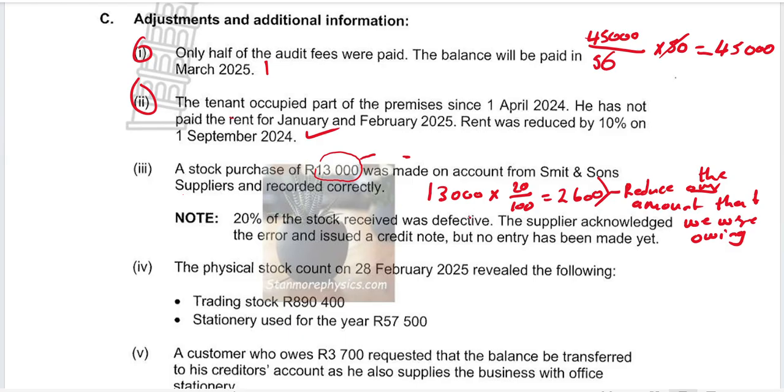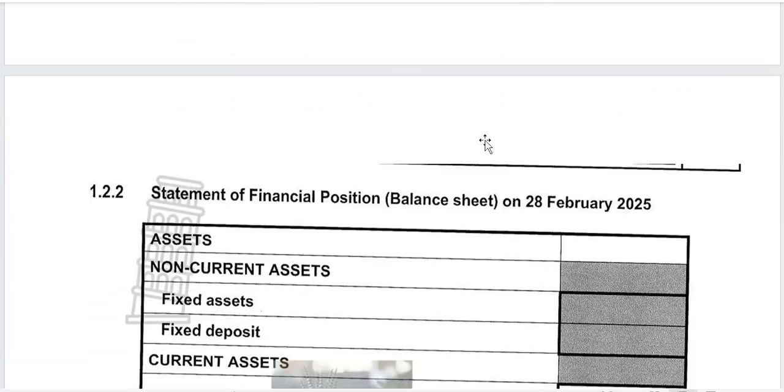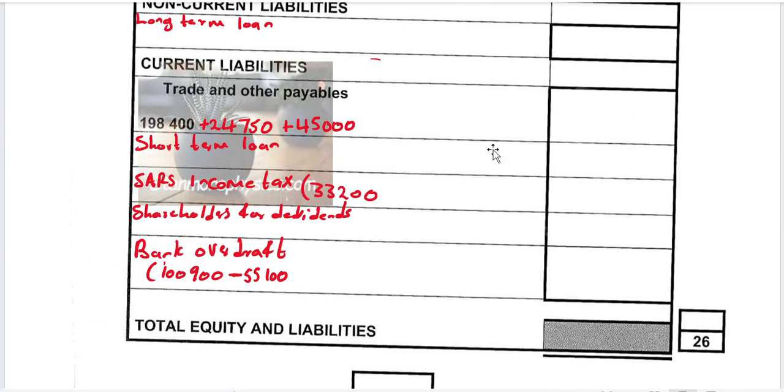This 13,000 will be reduced by 2,600, because 2,600 of the stock that he gave us was not good. That's why we are not able to pay this 2,600. So let's go and reduce our other payables by 2,600. Minus 2,600. Do you get me?